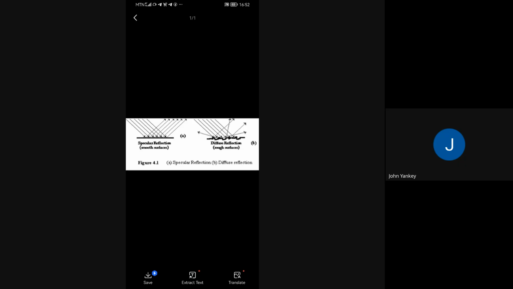Regular reflection occurs at a smooth surface, so that parallel light is reflected as a parallel reflected ray. With diffuse reflection, the surface is rough, so when parallel light falls on the surface, the reflected light goes into different directions and no clear image is formed.